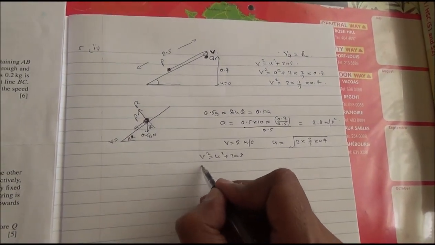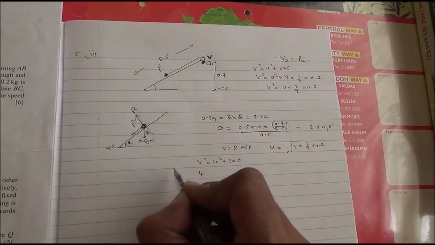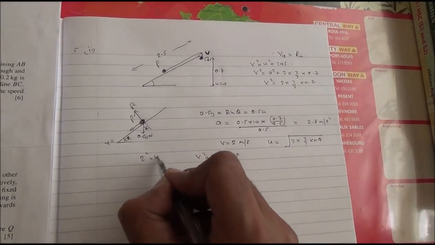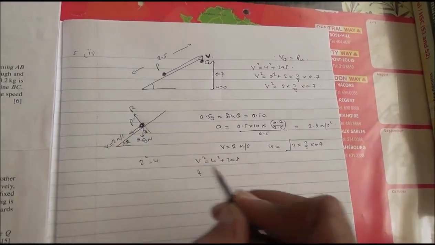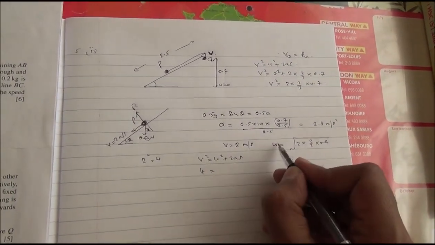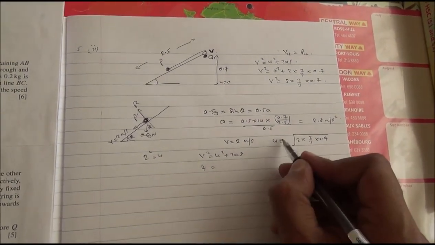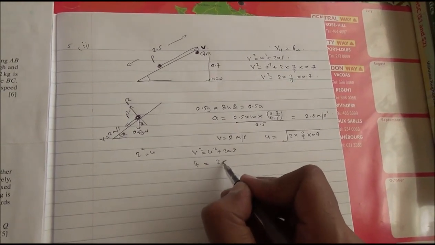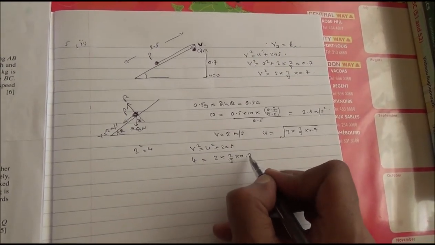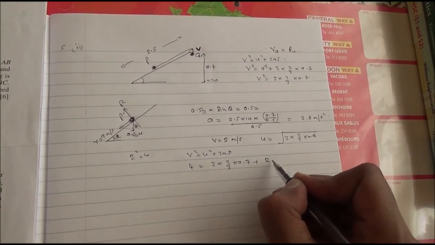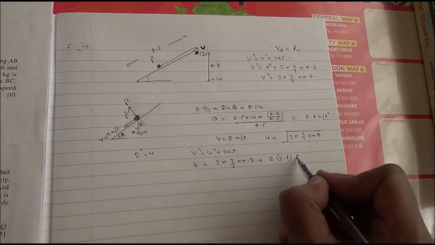Therefore v squared is 4, which is 2 squared, because the final velocity is 2 meters per second. 4 is equal to u squared, and u squared is 2 times 2/3 times 0.7, plus 2as, which is 2 times 2.8 times s.